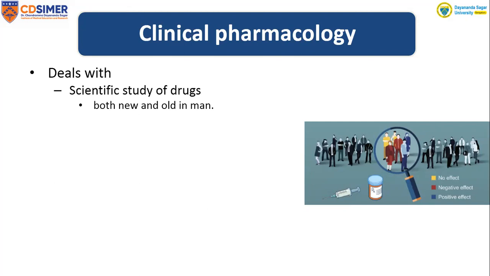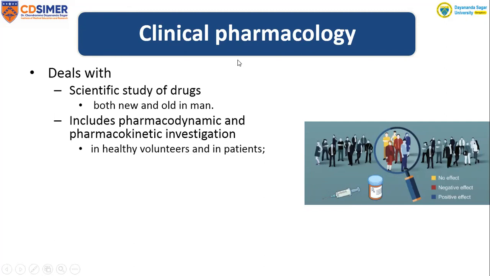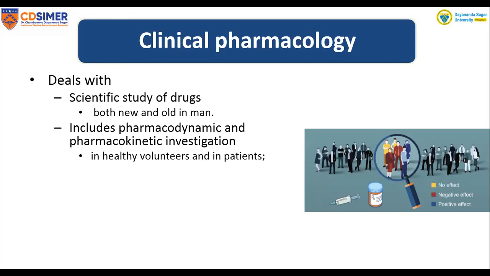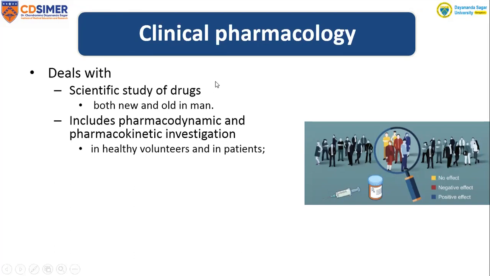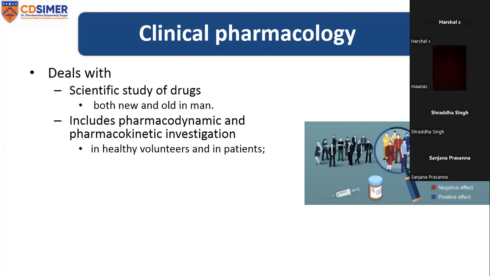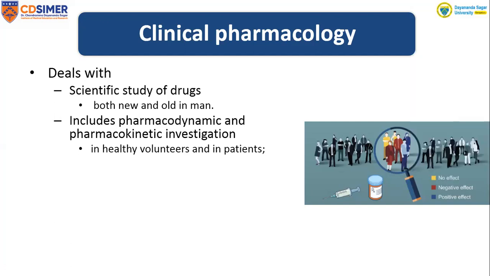The model you have made is related to clinical pharmacology. Clinical pharmacology deals with the scientific study of the drug in man, for new drugs and also for old drugs. It includes pharmacodynamic studies and pharmacokinetic studies.